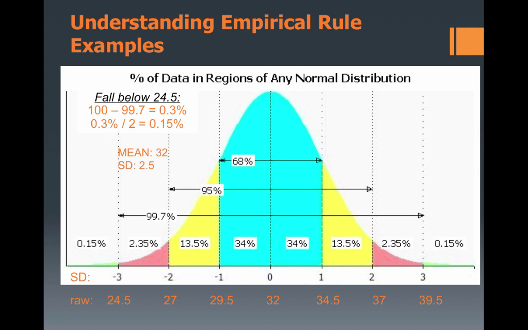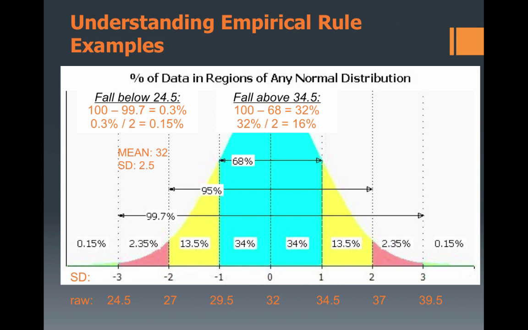What about the percentage of scores that fall above 34.5? Because we've plotted our raw scores corresponding to standard deviation units under the curve, we see that 34.5 corresponds to 1 standard deviation unit above the mean. Plus or minus 1 standard deviation contains 68% of all scores.